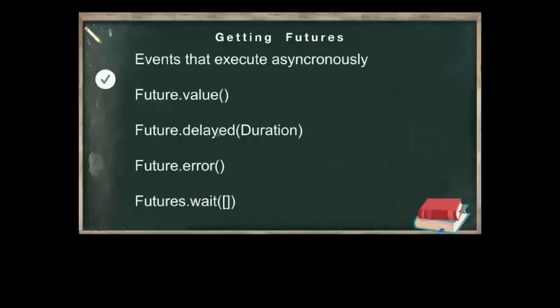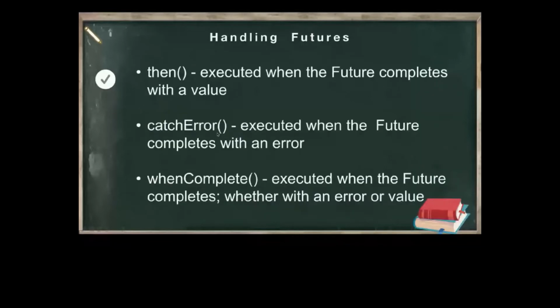So how do you handle futures? We saw in that button example that we have a then function, which executes when the future completes with a value. Basically, this means that when it's successful, it will run the function that is put under then, because that is the function that will handle successful attempts.